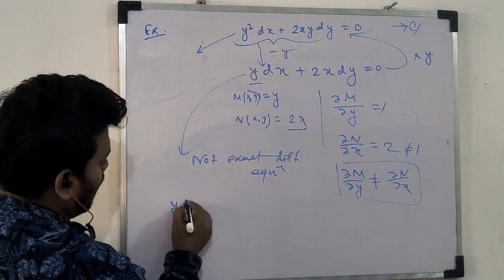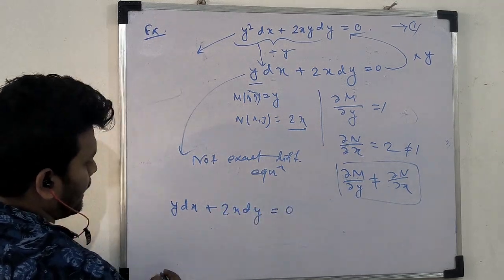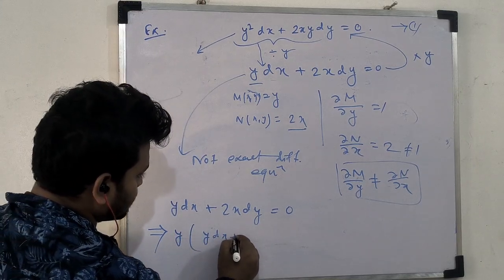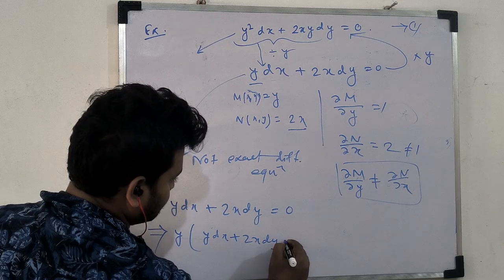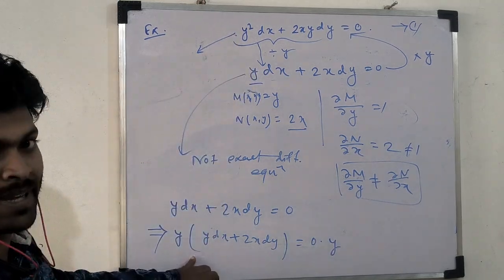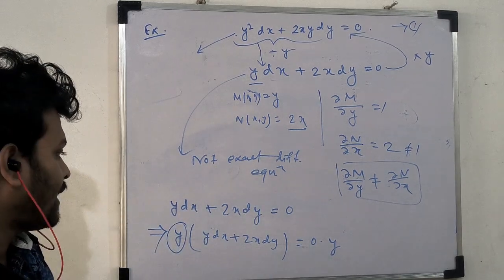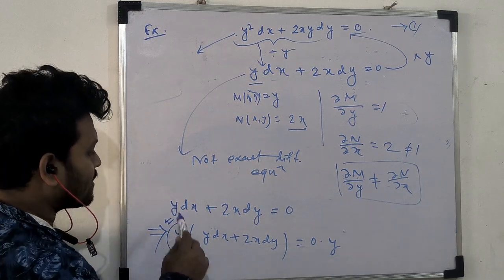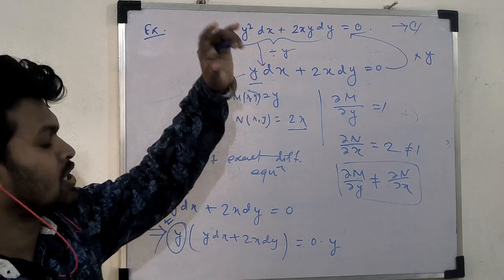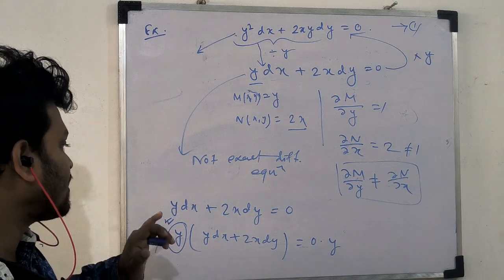So this y dx plus 2x dy equal to 0 becomes exact if we multiply by y. So now this equation becomes an exact differential equation. So we multiply by a function y, and this is called an integrating factor. By multiplying by a factor, if we can make a non-exact differential equation exact, then this factor will be called an integrating factor.